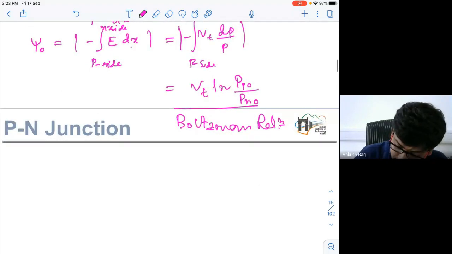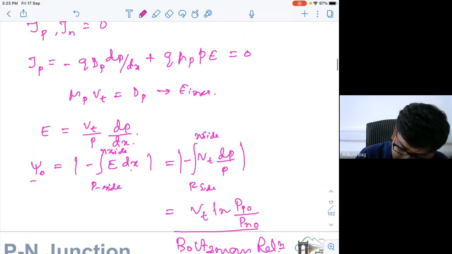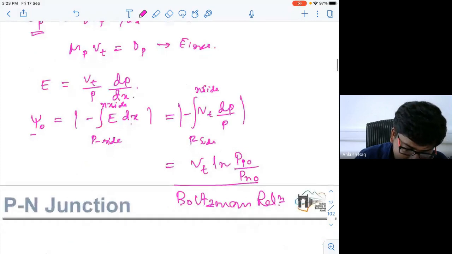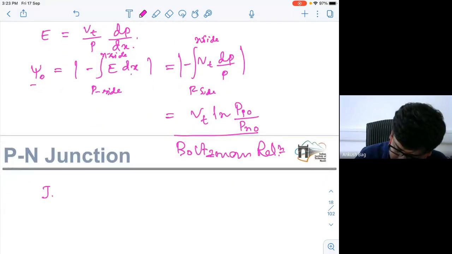Similarly, we get this psi naught, the built-in potential, from Jp equals to 0, and here it is coming in terms of hole concentration.